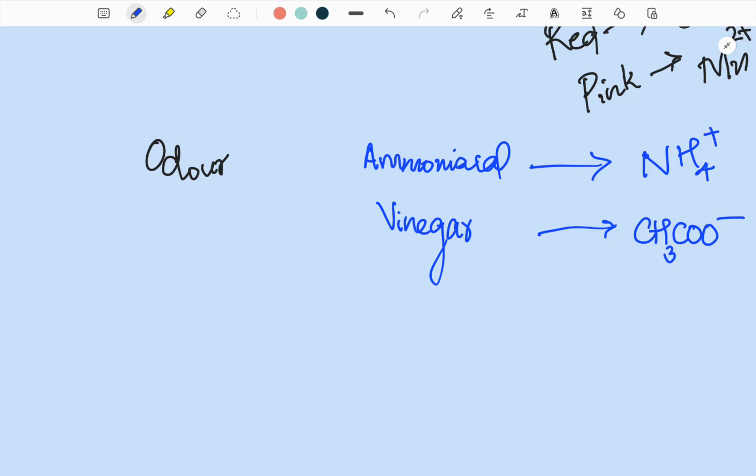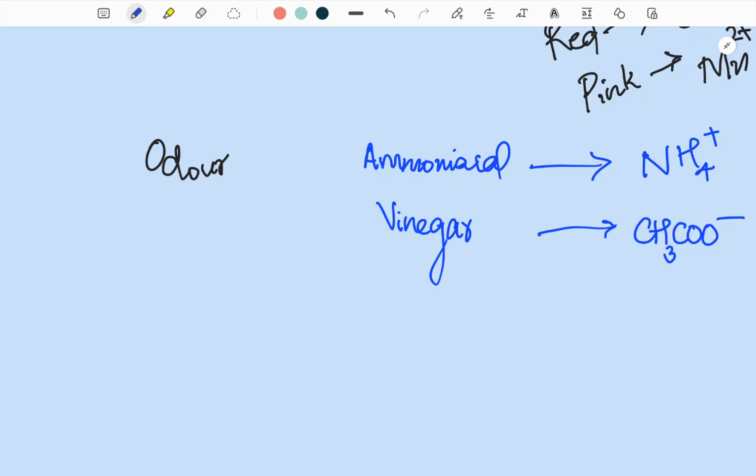So now, let's say you don't know what is ammoniacal odor. Of course, for the grade 11 students, it is something that is going to be new because you have never experienced the smell of ammonia. So if you are confused about the odor, what you can do is, in your school there is definitely going to be NH4OH, ammonium hydroxide, because you need it for salt analysis in the tests.